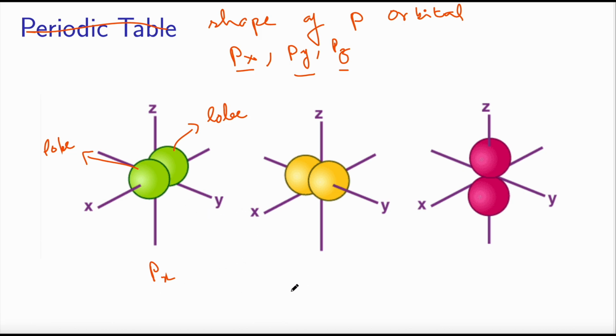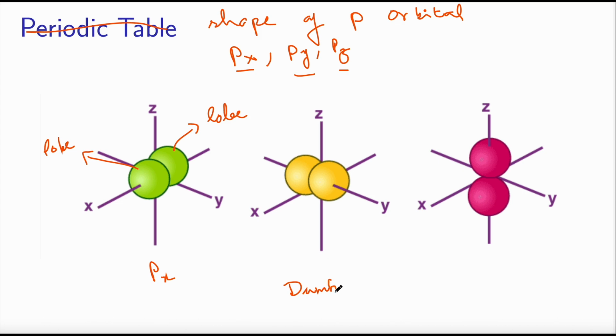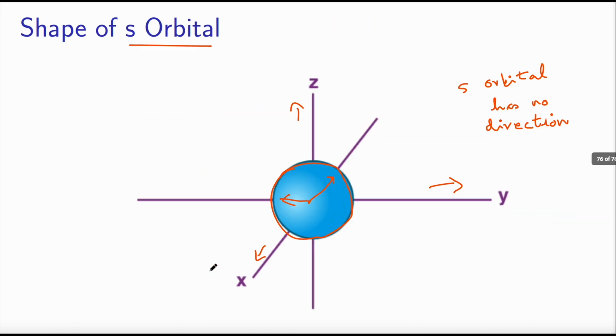That was a sphere; this is a dumbbell. Let me check the spelling: D-U-M-B-B-E-L-L. Okay, it is dumbbell shaped.